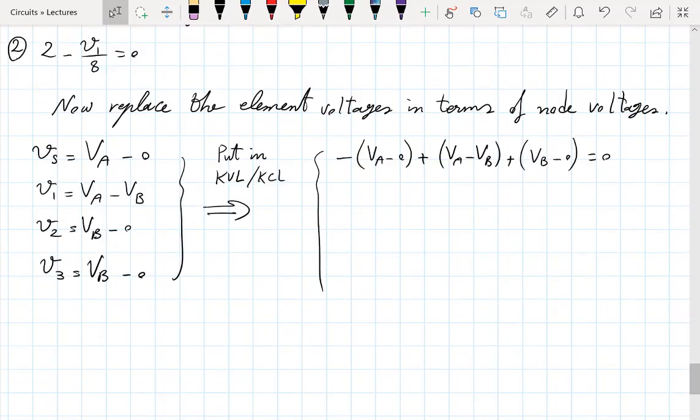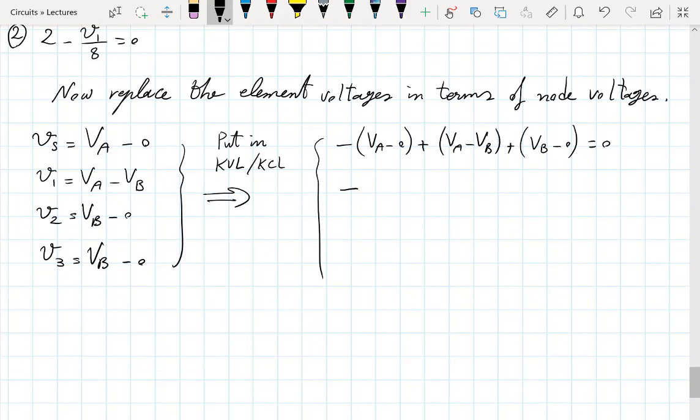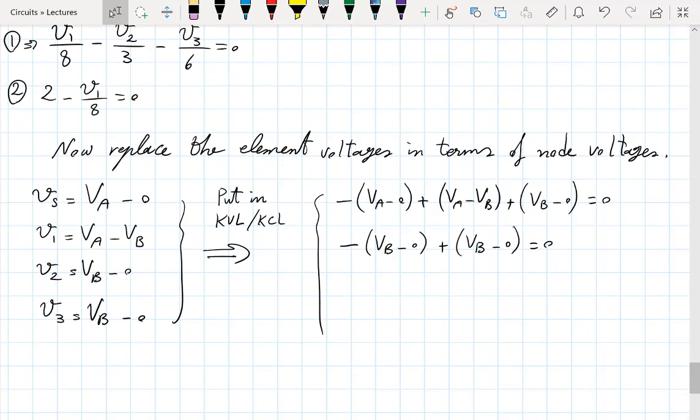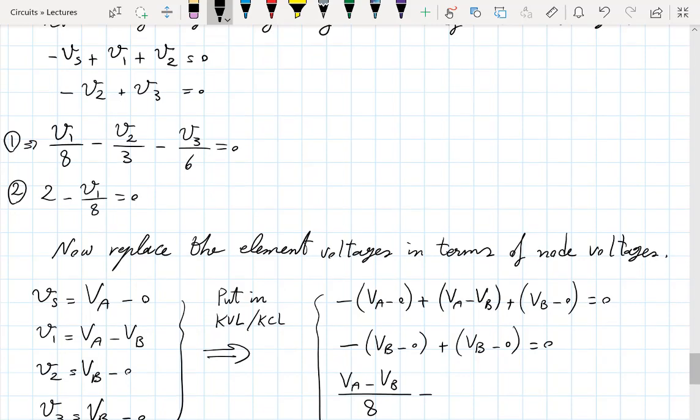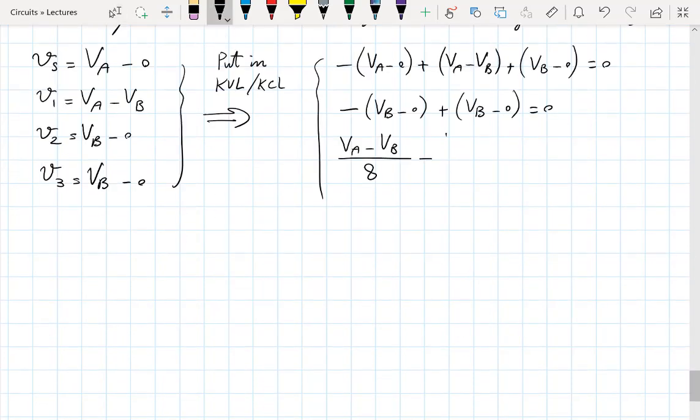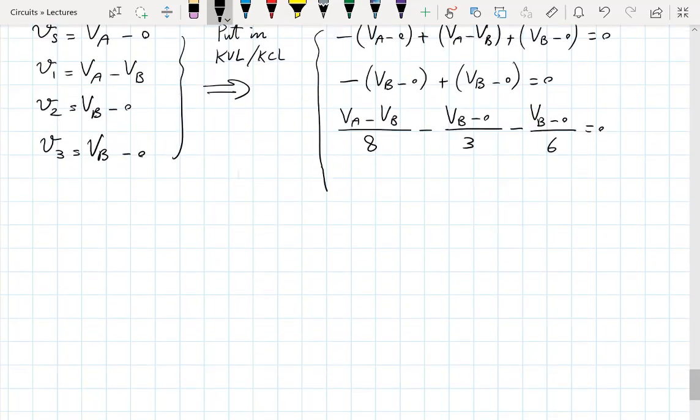The second equation is minus V2 plus V3 equals 0. The third equation is V1 over 8 minus V2 over 3. So V1 over 8 is just VA minus VB over 8 minus V2 over 3 minus V3 over 6 equals 0. And the final equation was 2 minus V1 over 8 equals 0.